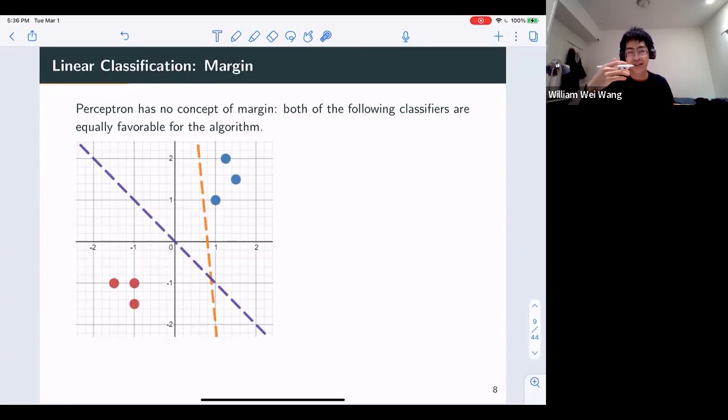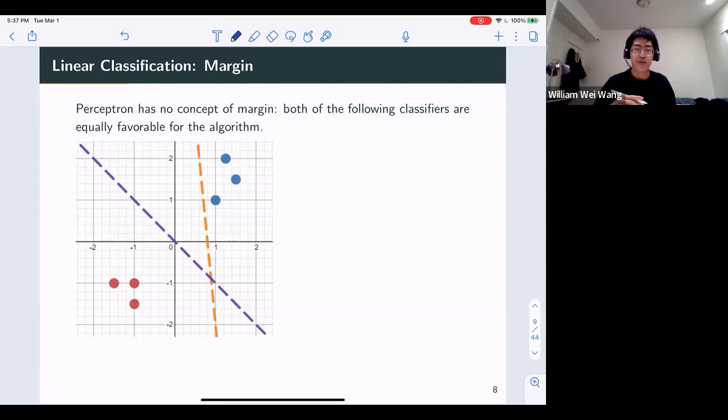So if an exam question says, initialize Perceptron at this orange line and then run 1,000 iterations of the Perceptron algorithm, the answer is that it does not do anything because everything's classified correctly. Perceptron will not try to wiggle this orange line towards this purple line, even though you might see that this purple line looks like a better fit to the data.